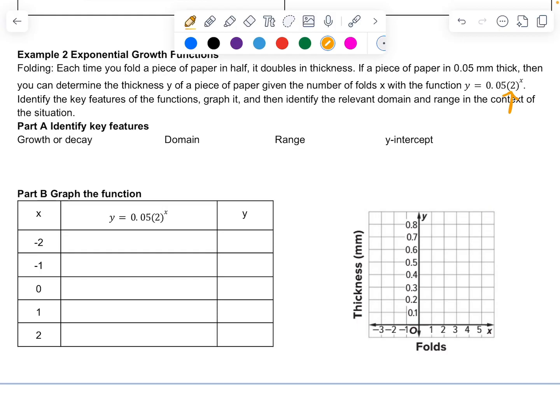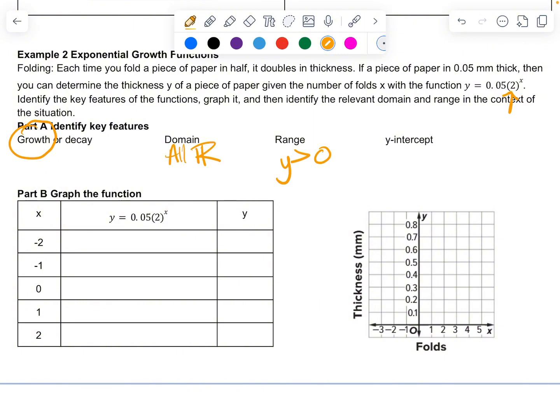Is that greater than 0, or is it between 0 and 1? Is it greater than 1? Yes, it is. So that means that it is a growth. The domain, we already said all real numbers. Range, y has to be greater than 0.